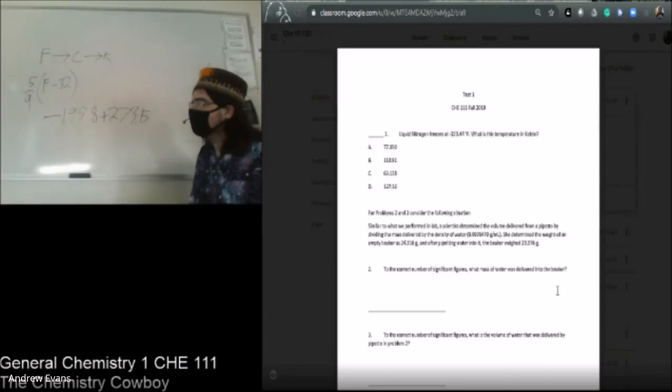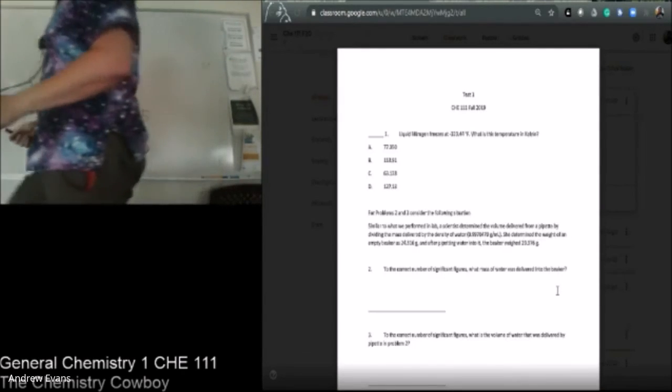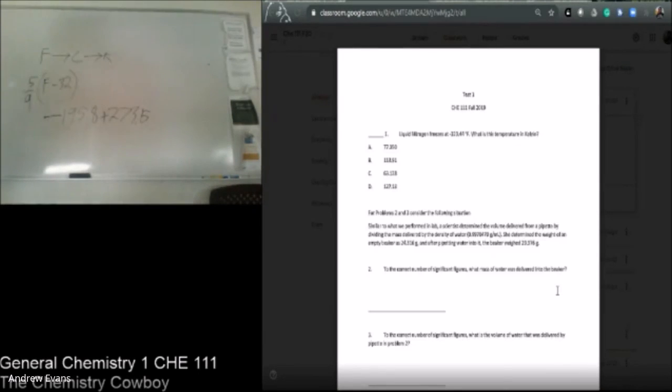And hopefully you'll see that is option A, 77. Considering I was doing the second part more or less without a calculator.